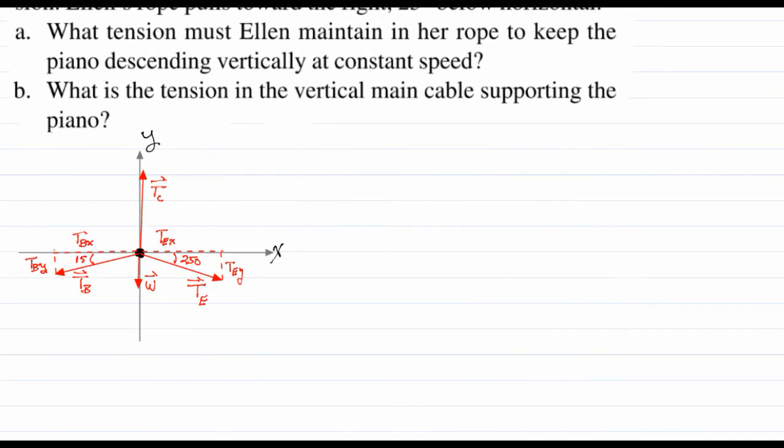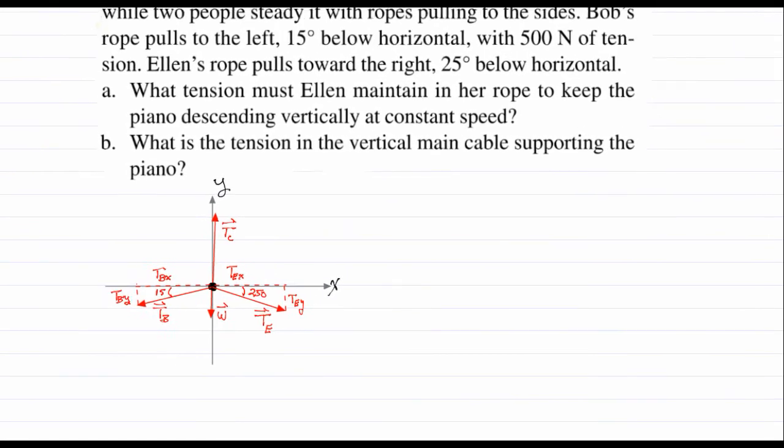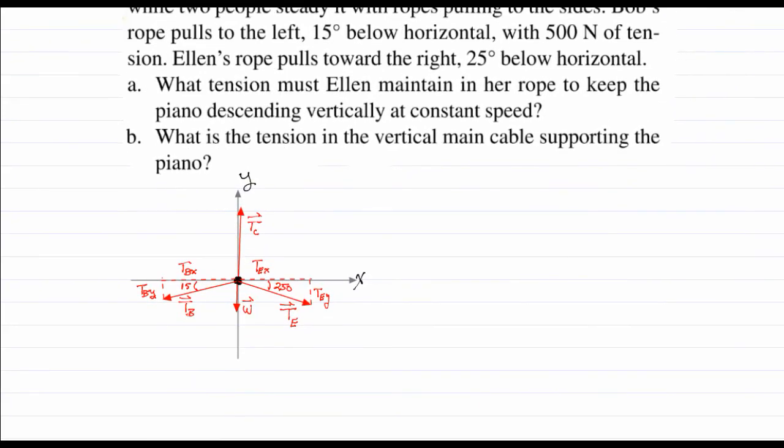Okay, so we know a few things. We know, first of all, the mass of the piano. The mass of the piano was 500 kilograms, and we also know the magnitude of Bob's force. The magnitude of Bob's force is 500 newtons.